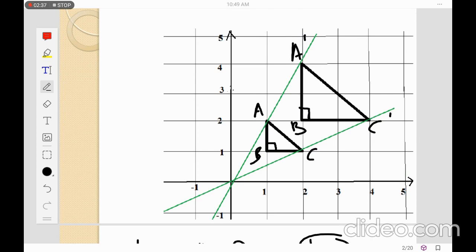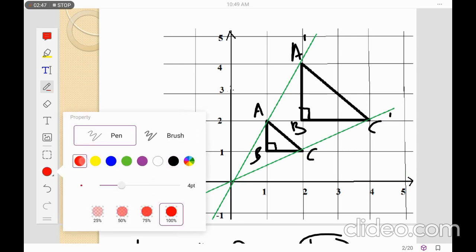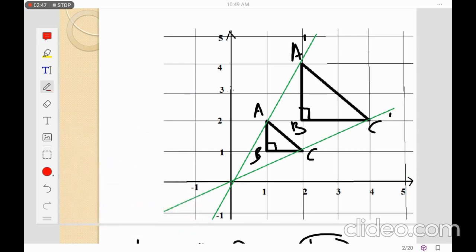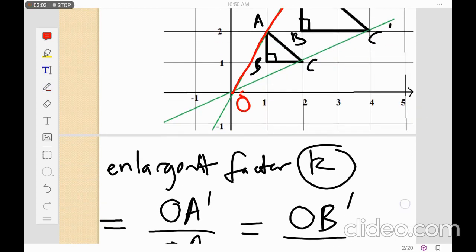Let's try to find the enlargement factor for this one. The distance OA dash over OA. If I count the distance from here going up there, I will have 4 units, just taking the diagonals.